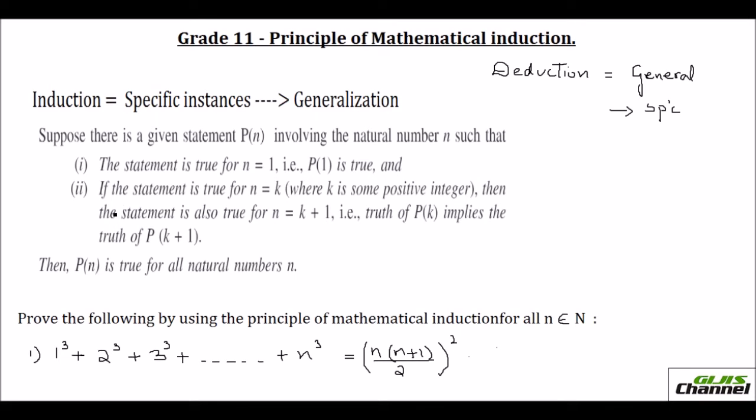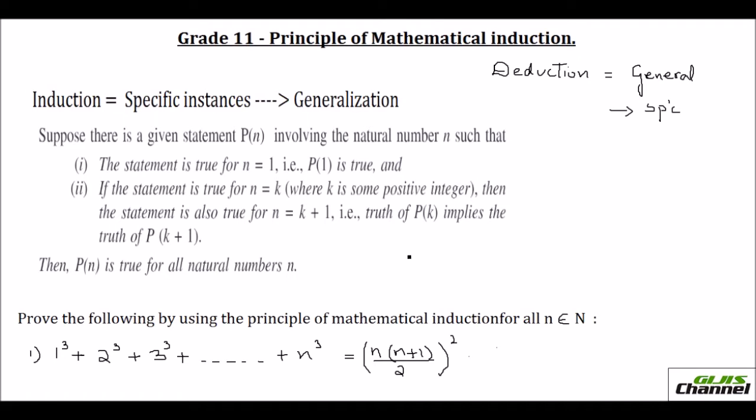Then we assume that it is true for n equals k, where k is some positive integer. If n equals k is true, then we also conclude that the statement is true for n equals k plus 1, and thereby it is true for all natural numbers.